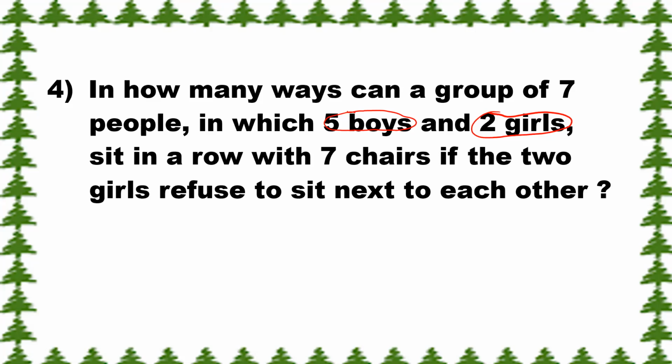At pag nag-box method ka, of course, you will assign each person for each position. So, ang ginawa ko dyan, in-arrange ko muna na yung girls, nakahiwalay sila sa isa't isa, pero they are in the 5th position and in the 7th position.